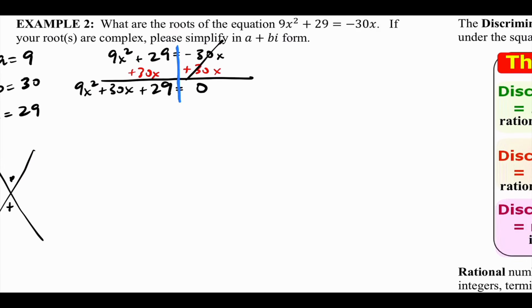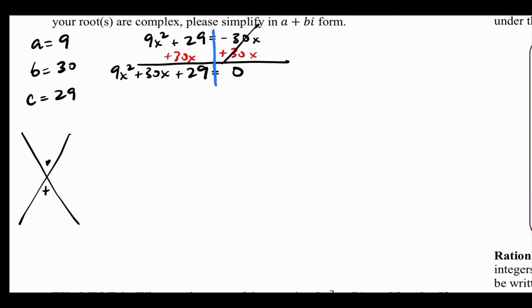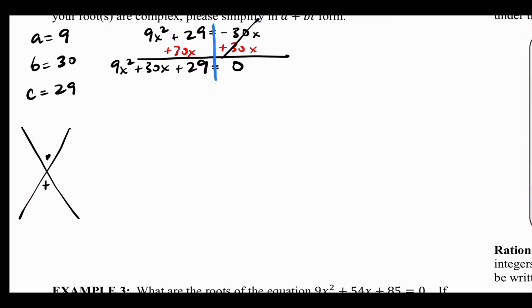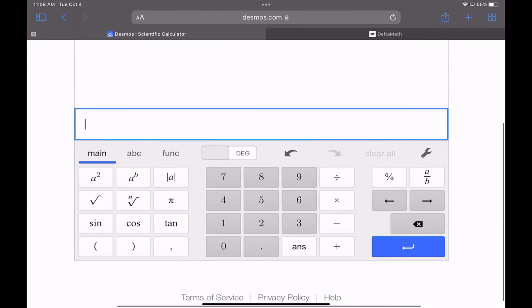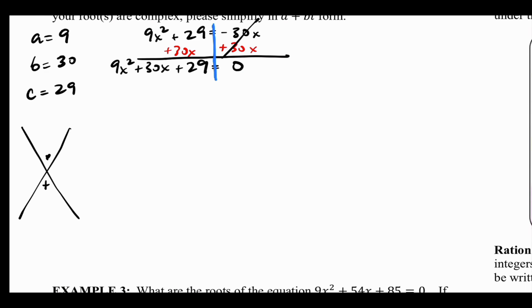I believe it's 200 something. 29 times 9 is 261. And they've got to add up to be 30.